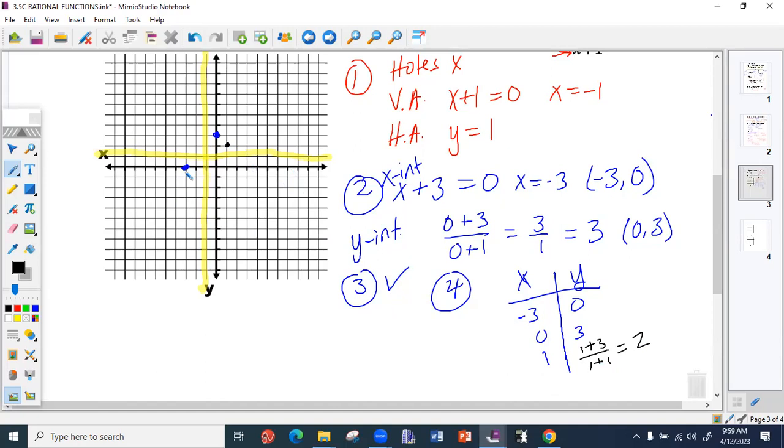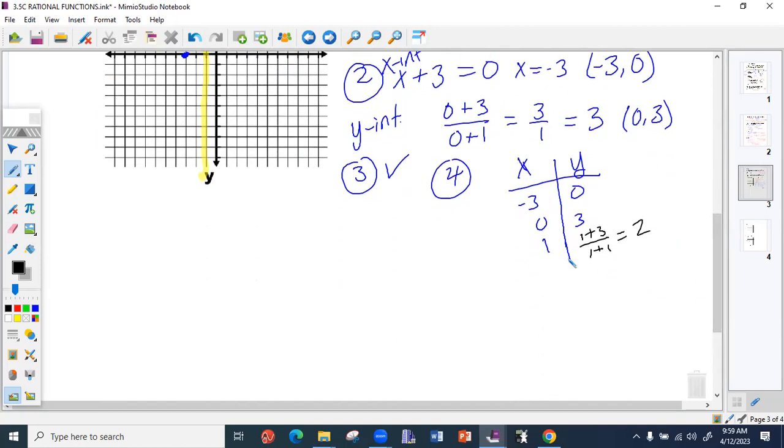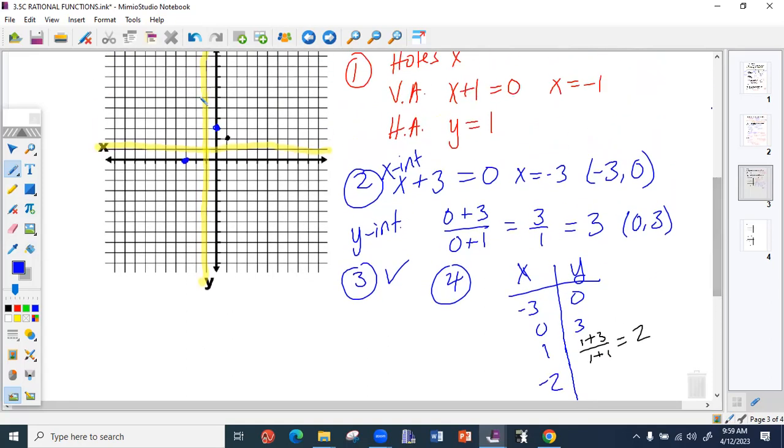Okay, we're going to choose a point to the left or to the right of this one. Doesn't matter which one. I'm going to go with -2. It could be any point around them, as long as it's not your asymptote.